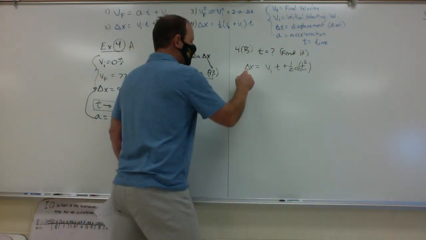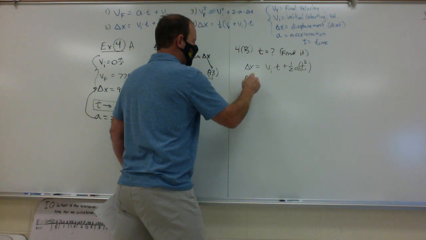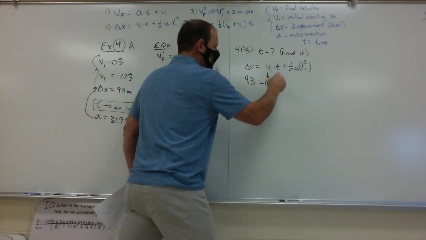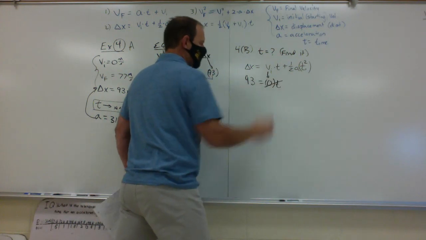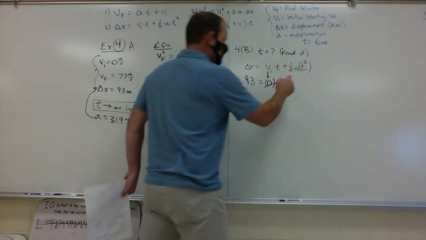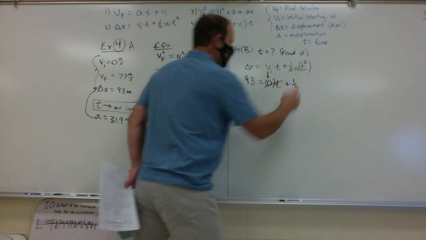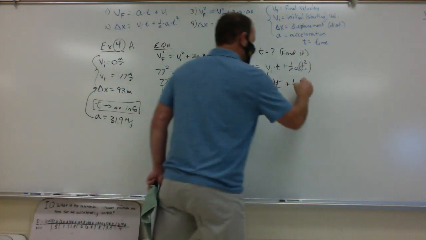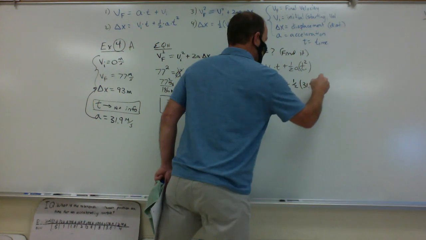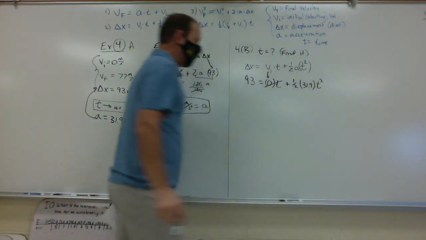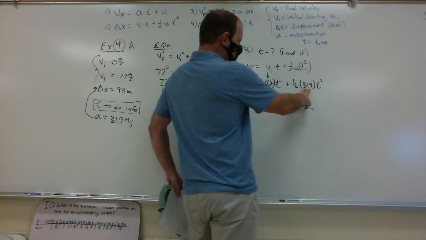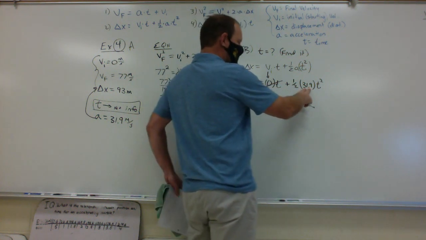So I'm going to fill in the numbers now. The next step would be 93 meters, 0 for the beginning velocity, times t. It's really just going to mean that term goes away because it's 0. And then 1/2, what did we say the acceleration was? 31.9. And then t squared. So we're going to do a little math here. That's like 32 divided by 2 would be 16.